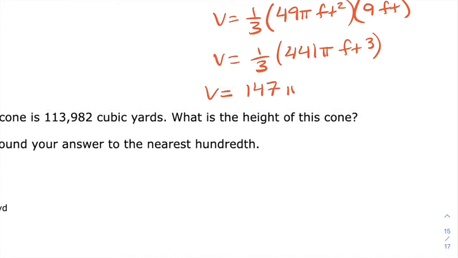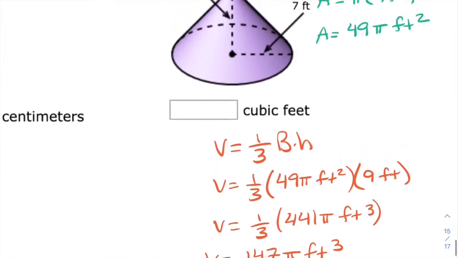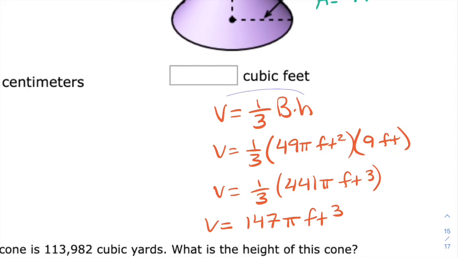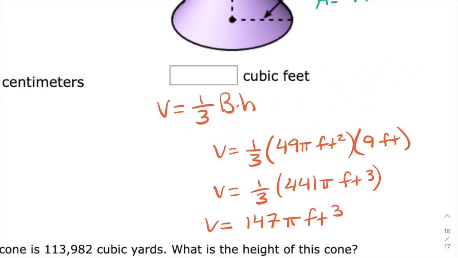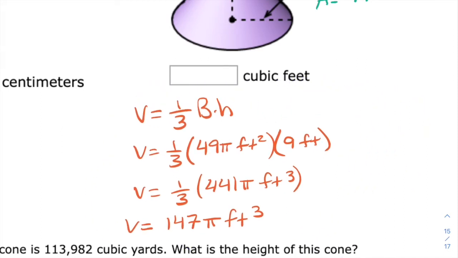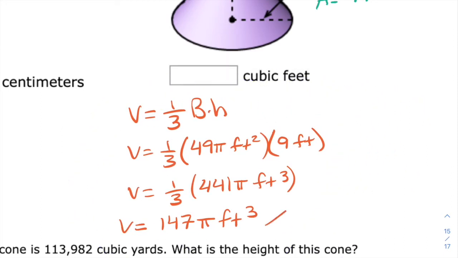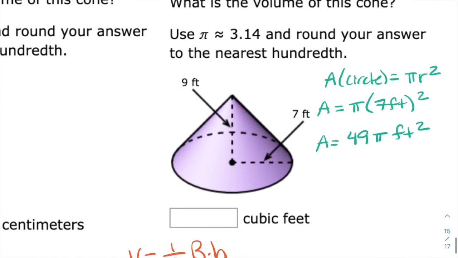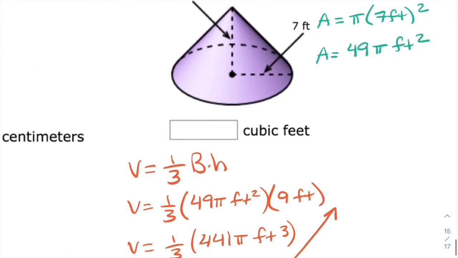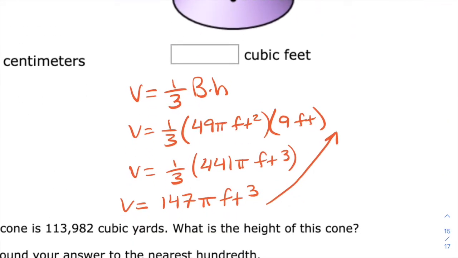147 pi feet cubed. Now, it wants it not in pi feet cubed. I don't know why I did that. Let me do the whole thing. It wants it in approximate, right? It wants me to use 3.14. So I need to do 147 times 3.14, and I'll get volume approximately equals 461.58 feet cubed.